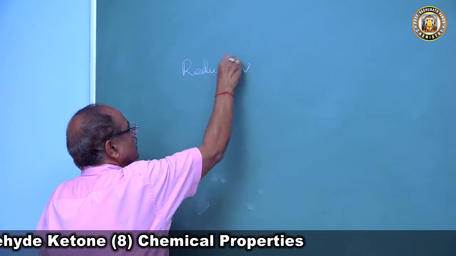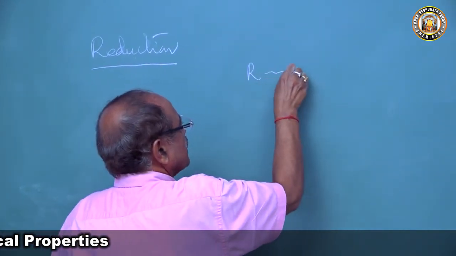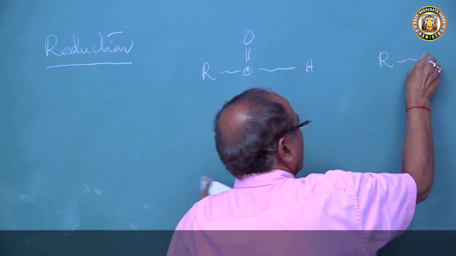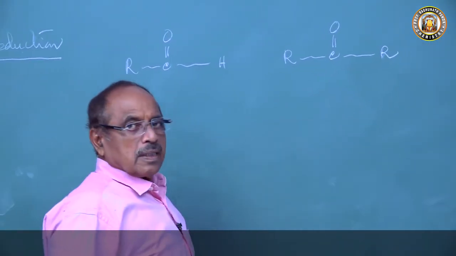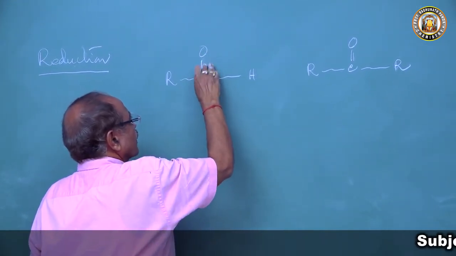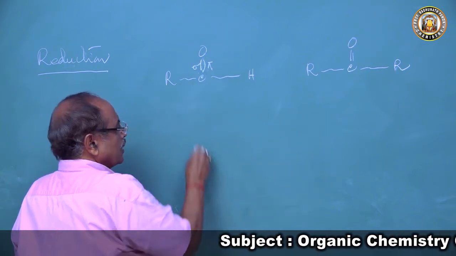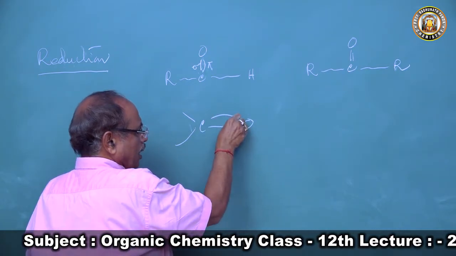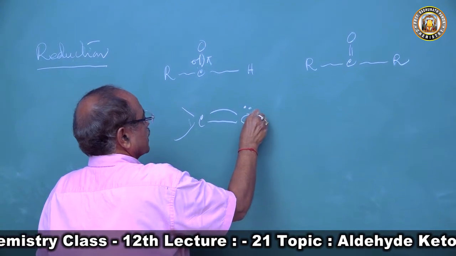Reduction reaction. If you come to aldehyde, RCHO, and ketone, RCOR, in both we have one sigma bond and one pi bond. The carbonyl group is very susceptible to a reduction reaction.